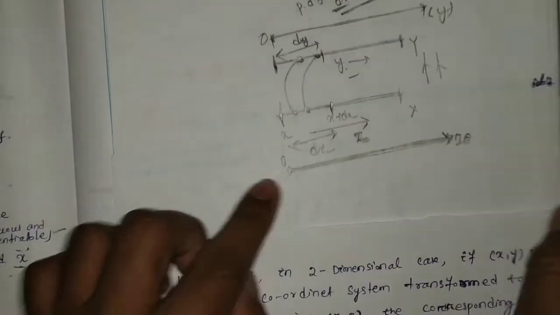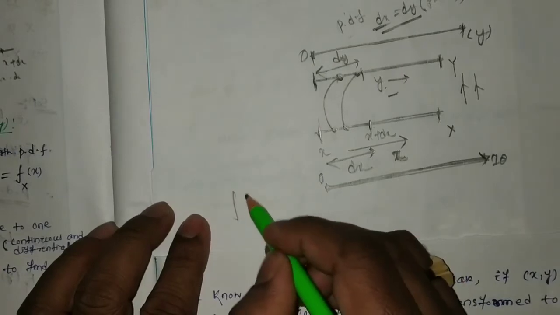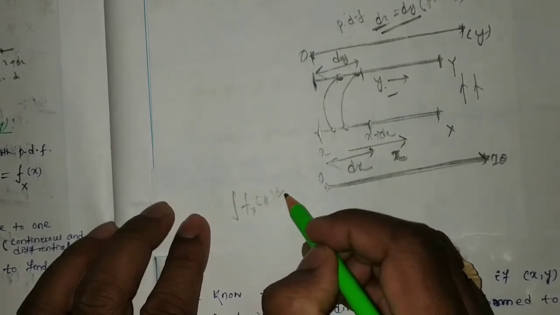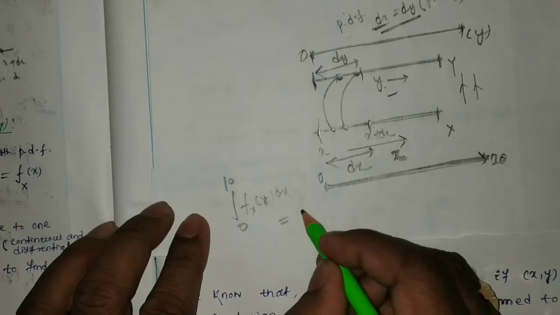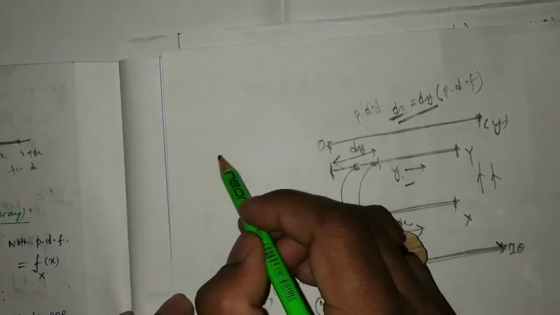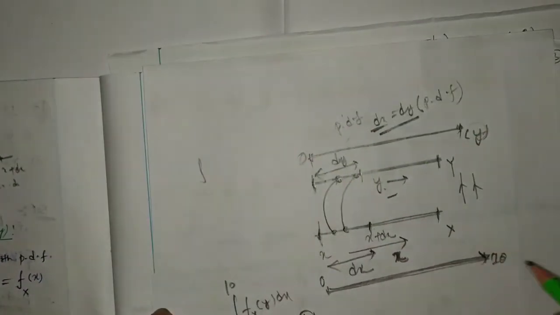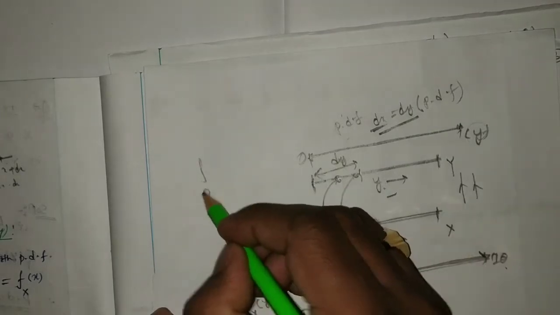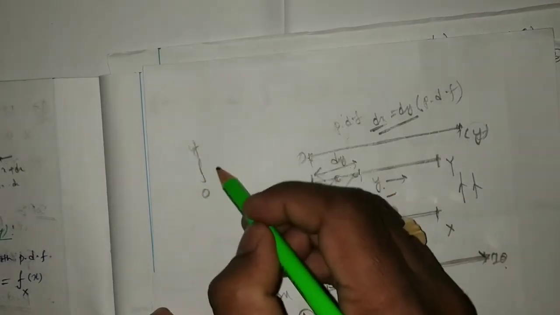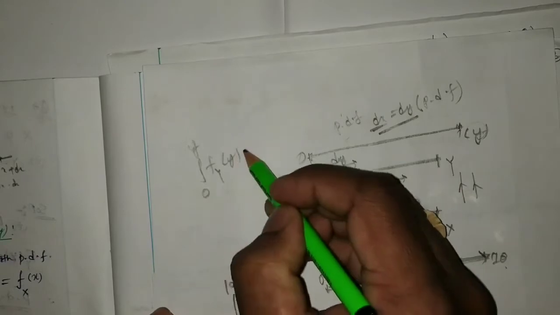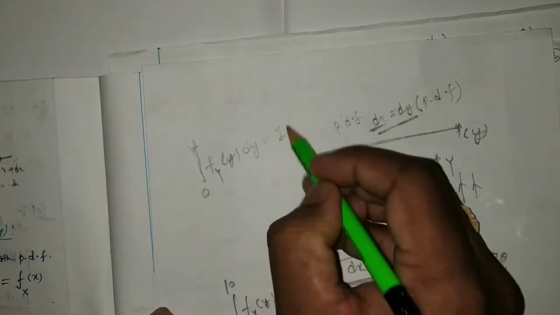If I integrate f x dx from 0 to 10, it will give you the value 1, and if I integrate from 0 to y, f y dy has to be 1.